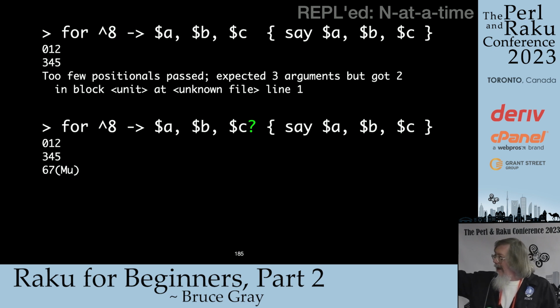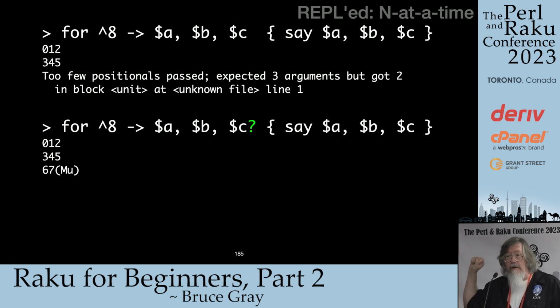In the top part, I asked for 3 at a time, but I gave it something that's not divisible by 3. So it executes the first time. It's not looking ahead. It executes the second time. And the third time, it tries to say, hey, this takes 3. You gave it 2, and throws an exception. But sometimes that's what you want.